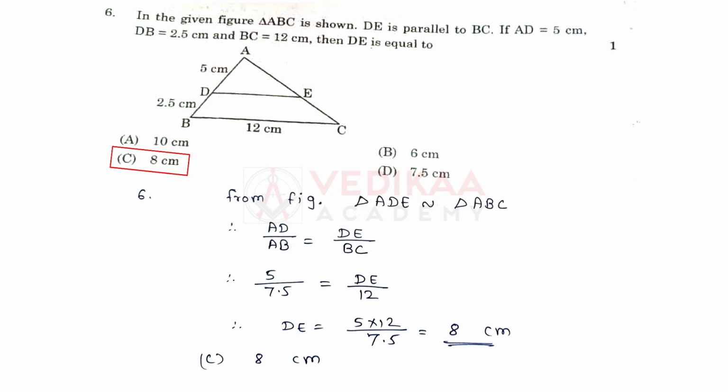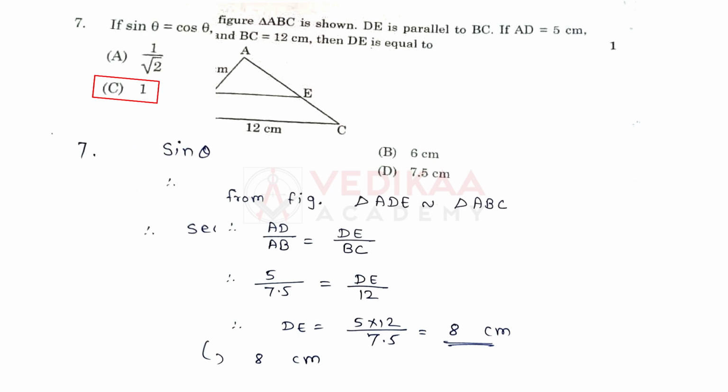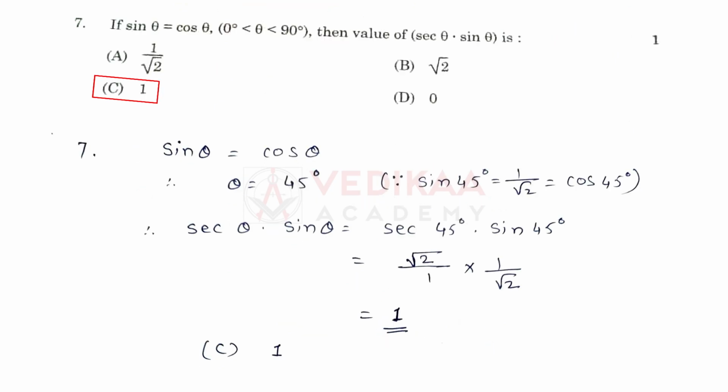Just substitute the given values. AB is equal to 5 plus 2.5, which is equal to 7.5. I think some students may have made a mistake here. The value of DE comes out to be 8 centimeter. So the correct option is C, 8 centimeter. Next one, question number 7.